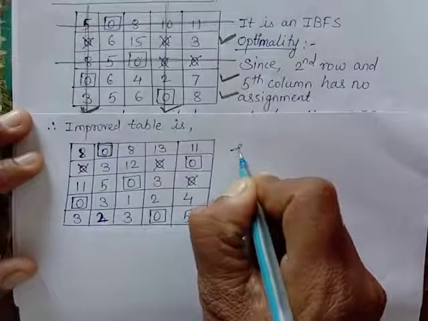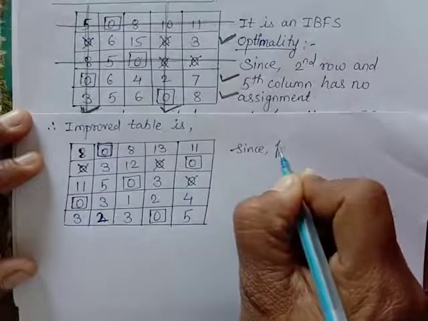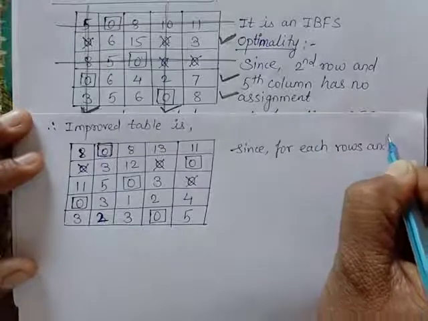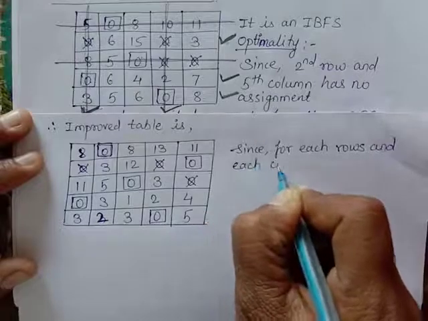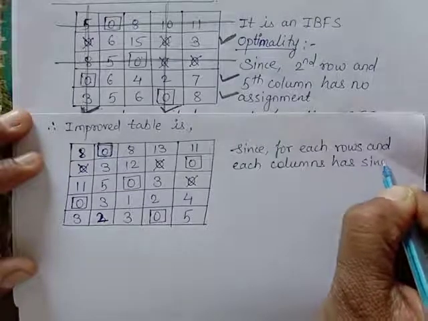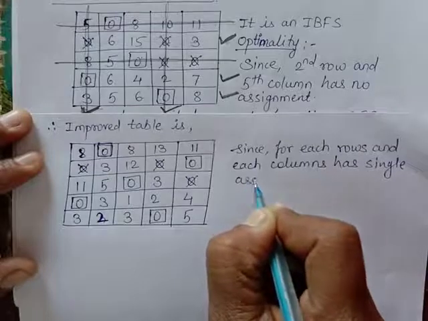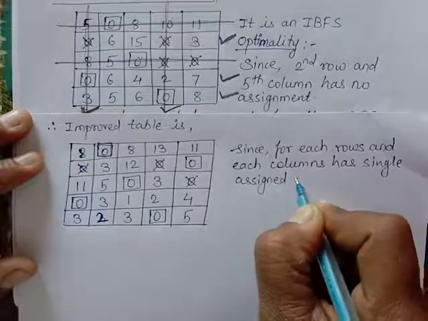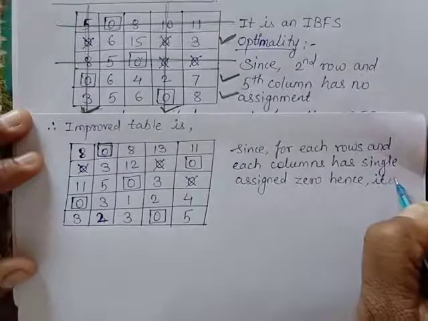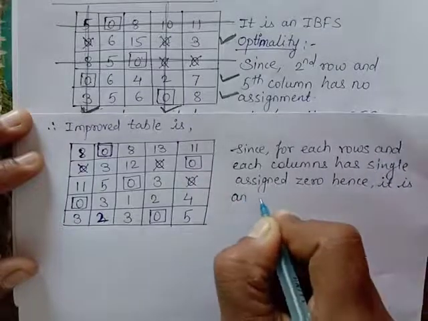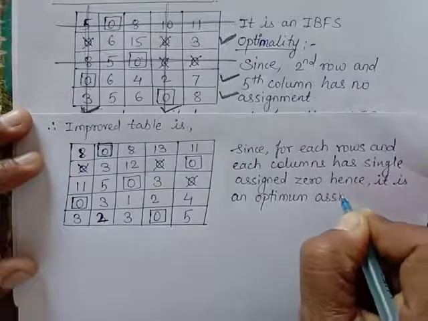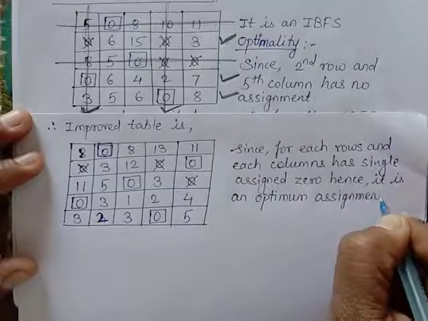So since each row and each column has a single assigned 0, hence it is an optimum assignment. It is an optimum assignment.